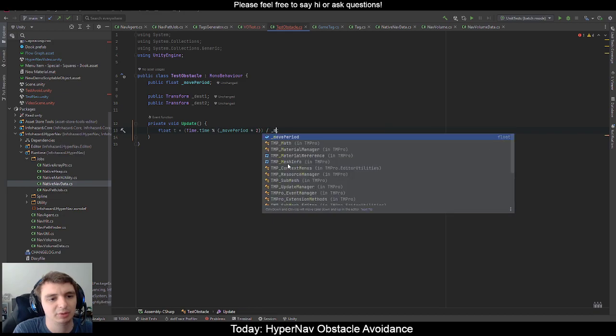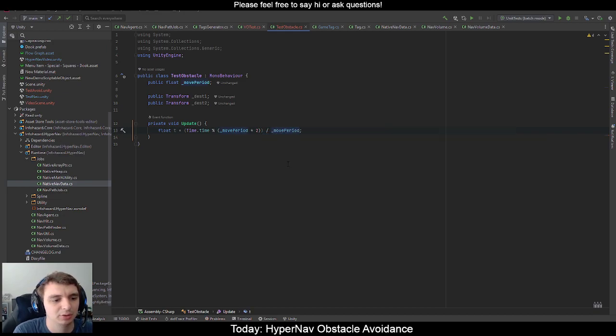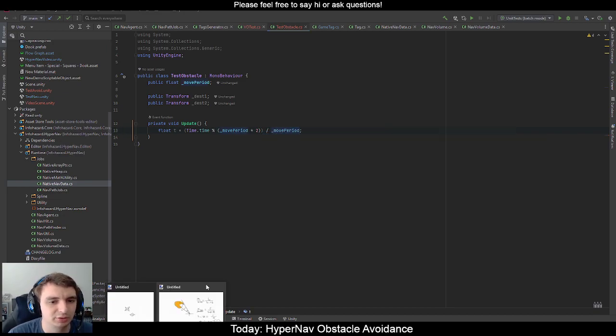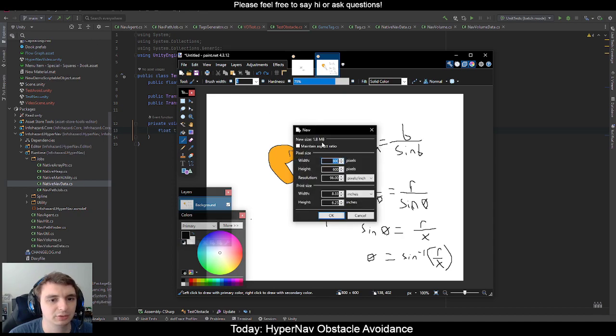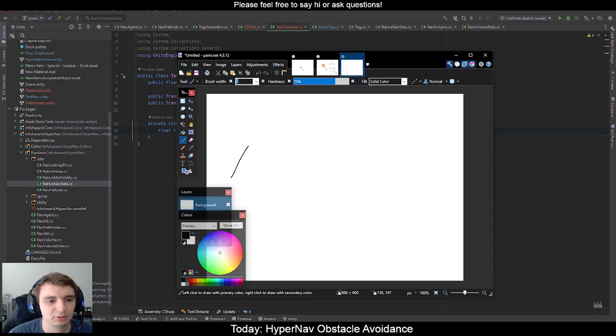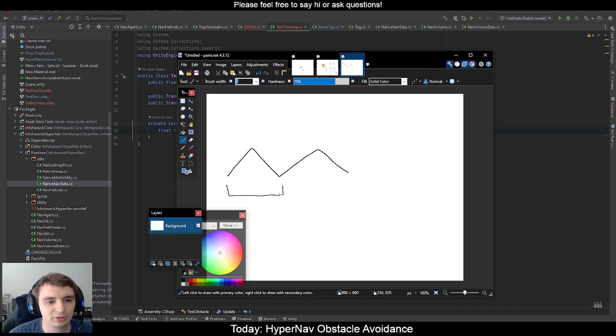Then divide that by move period. So that's going to create a kind of a graph that looks like this, like triangular waves, where this distance is the period. Then initially this would also be the period, but we're scaling it down by that, so then this just turns into 1.